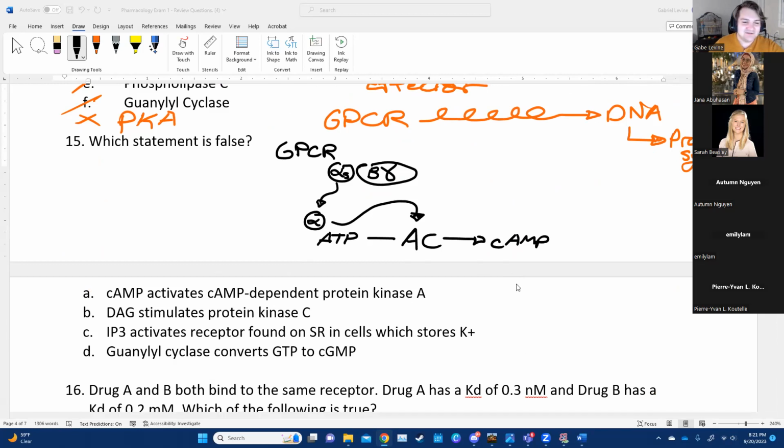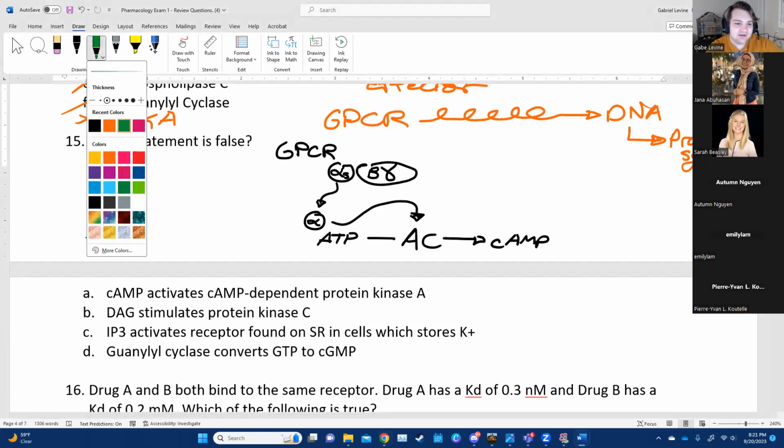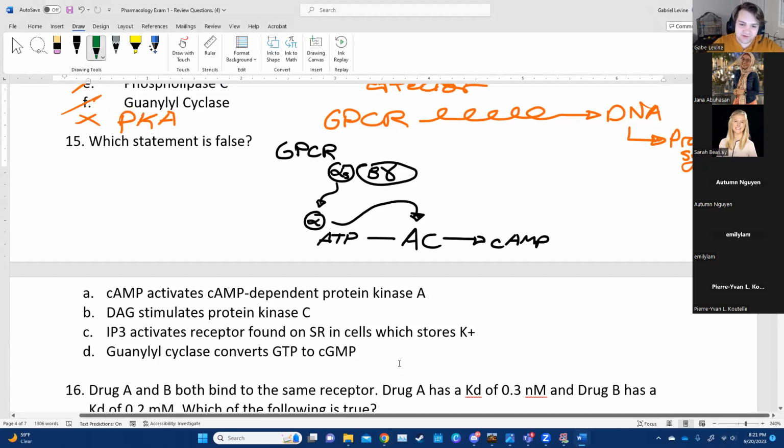All right. 15. Which statement is false? Does cAMP activate cAMP-dependent protein kinase A? Is that true or false? It is true.